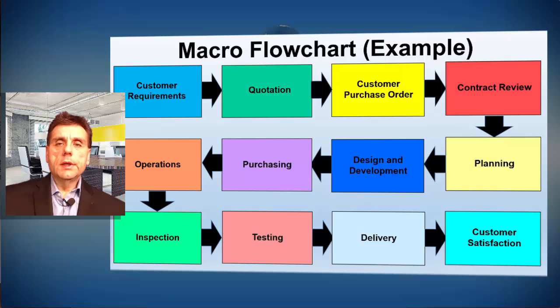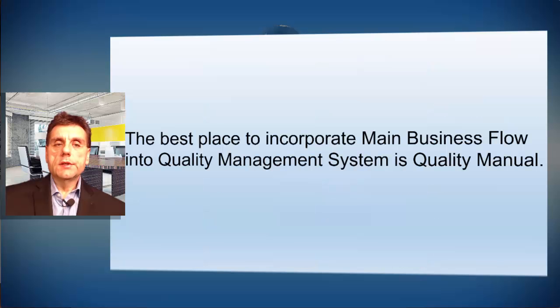So basically, these are the steps that an organization needs to follow if it wants to develop the main business flow, and it depends from organization to organization. The main business flow could be shorter or larger than what I've just explained as an example here. And the question is when and where we should use the main business flow.